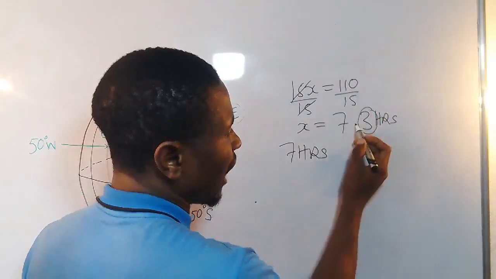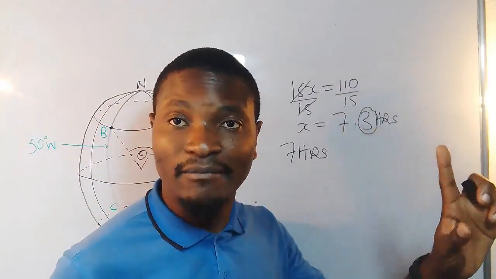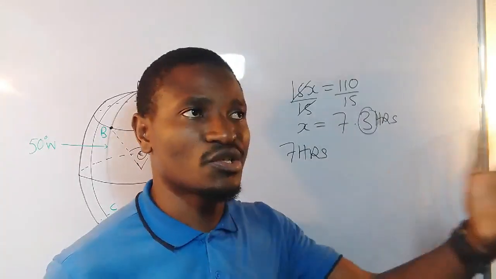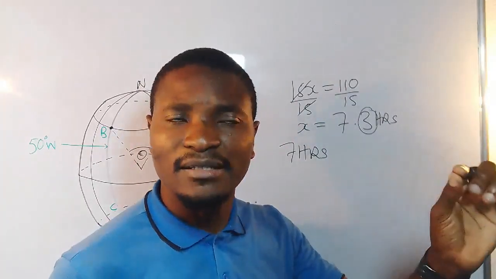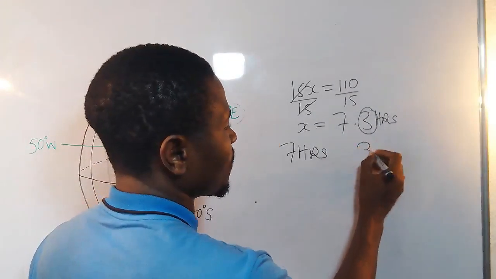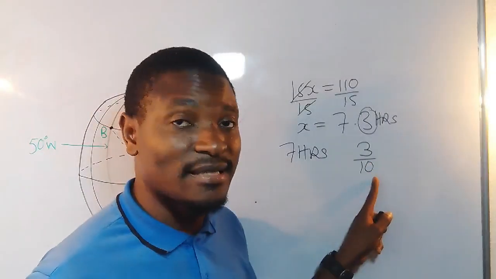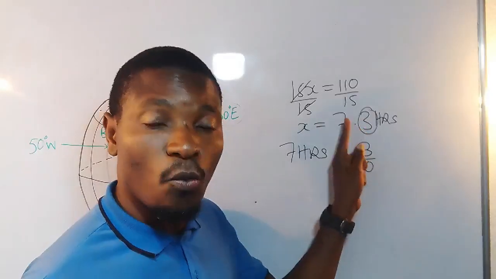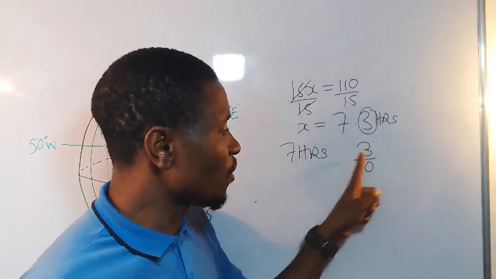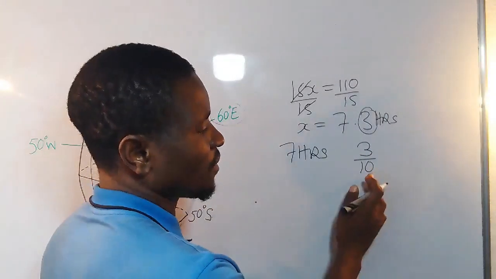After the decimal, there is just one number. So we are going to say it is 3 out of 10. This 10 implies that there is only one number after the decimal, and that is represented by 10.